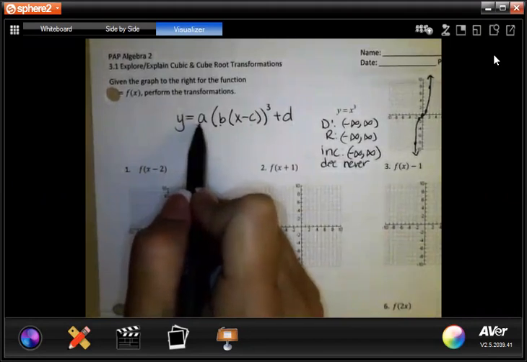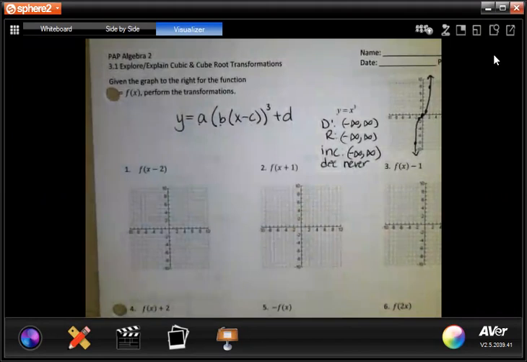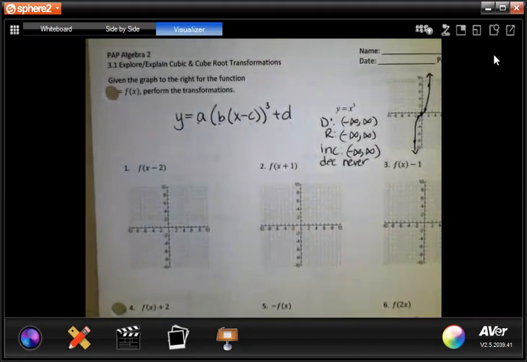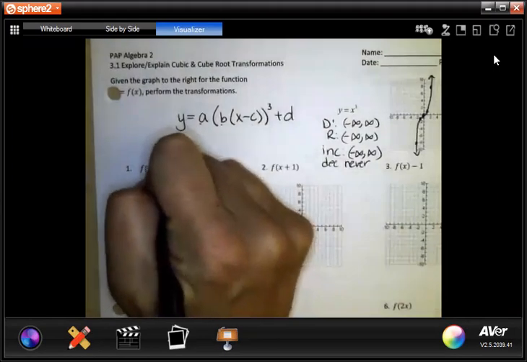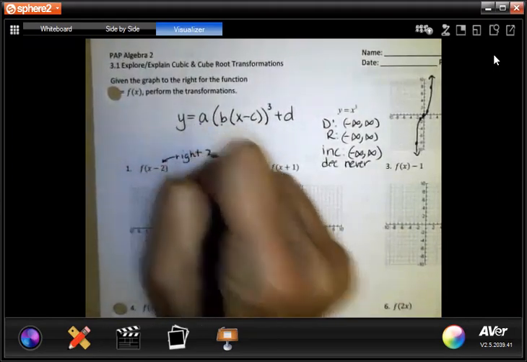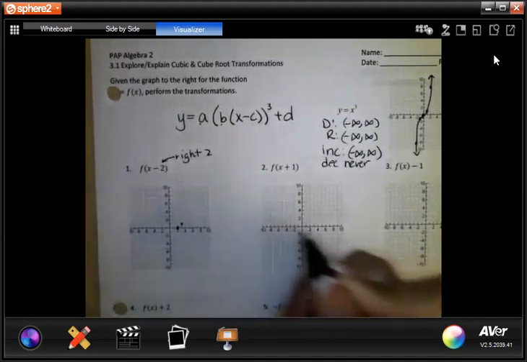A negative out here gives us a reflection across the x, and a negative in here gives us a reflection across the y. I'm going to go ahead and graph a couple of these with you so that we can look at how that works. For example, here, f of x minus 2, that means to the right 2. So we would take each one of those points and move them to the right 2.